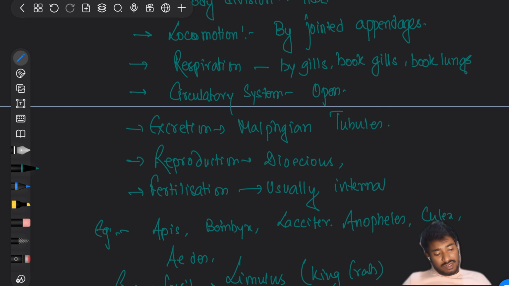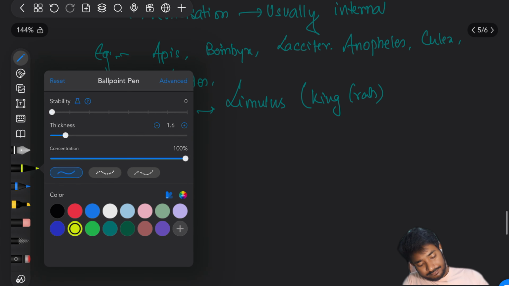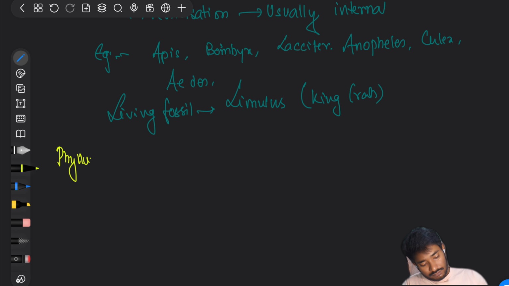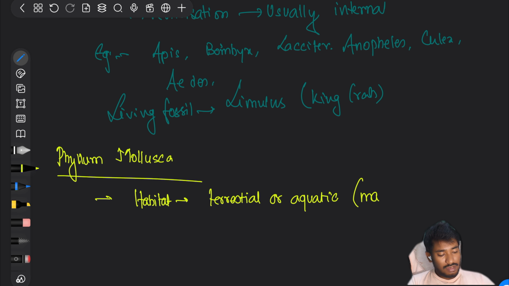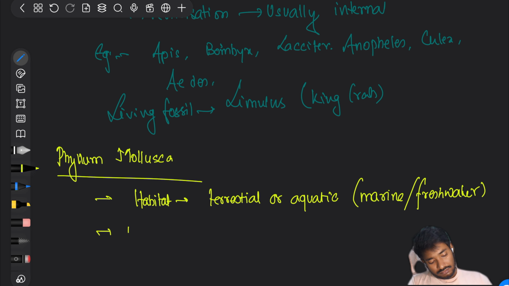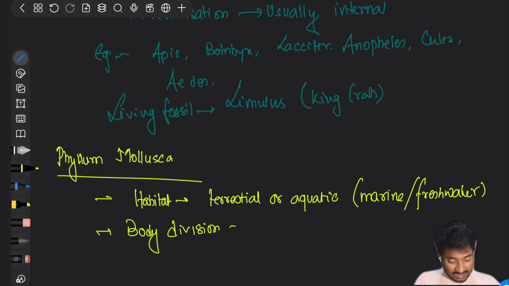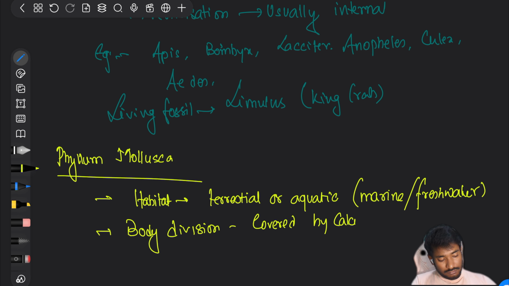Okay. Now come to the next, phylum Mollusca. Habitat: terrestrial or aquatic. It can be seen in marine as well as freshwater. Body is covered by a calcareous shell and is unsegmented.